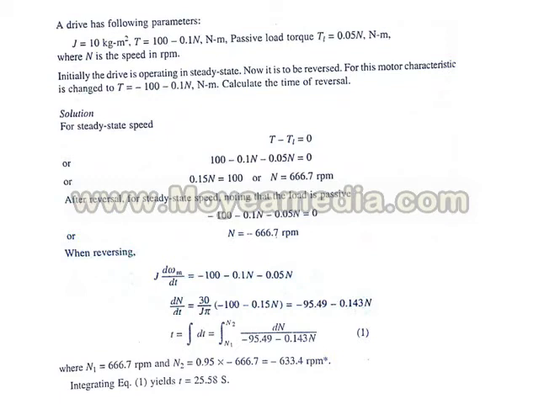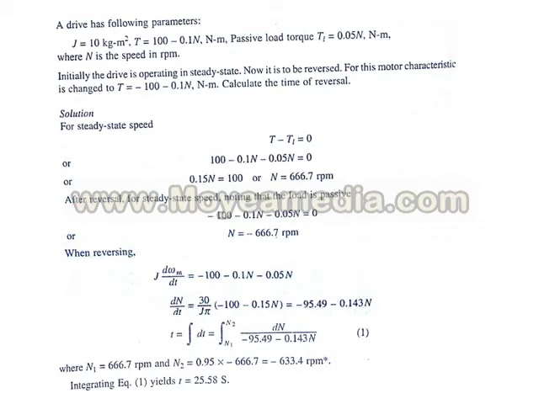Now using the formula just seen in the previous slide, t equals J times integral d omega by T minus TL. I'm writing omega in terms of N here. Omega is in radians per second, N is in rpm. You will get the time of operation as 25.58 seconds. Here one important point is your upper limit N2 is taken as 95% of the final steady state speed.